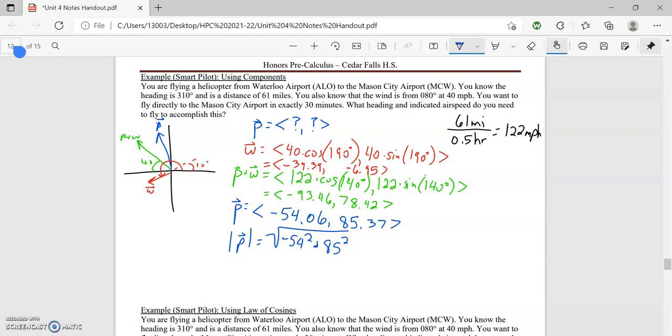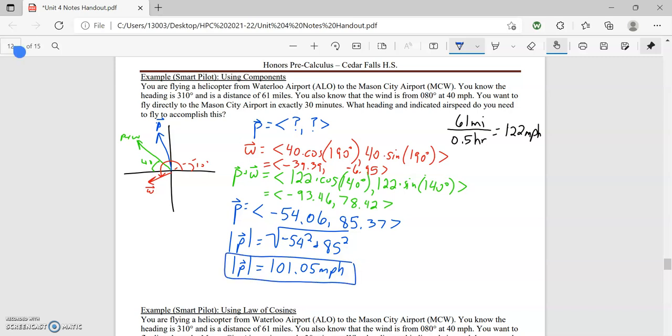And again, I simplified those with no decimals. Please don't do that in your calculators. But what you find is that the absolute value of P, the magnitude, is approximately 101.05 miles per hour.